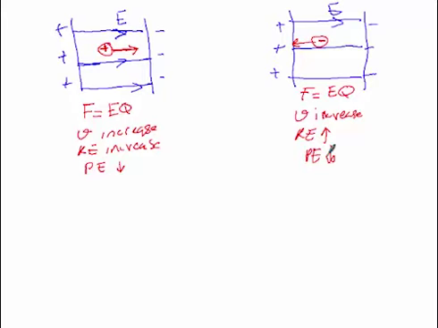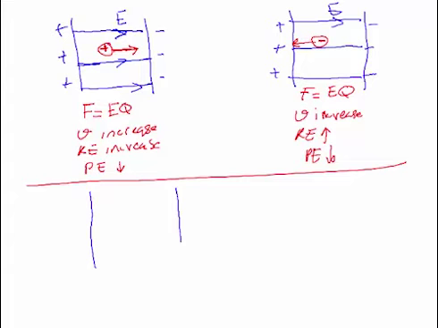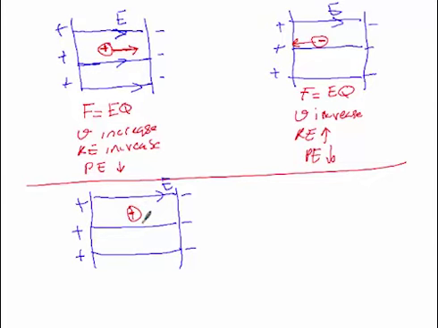Now let's take the other case. This is the positive plate and this is the negative, and this is the direction of our uniform electric field E. Now for this positive charge, we want it to go from this point towards the positive plate.